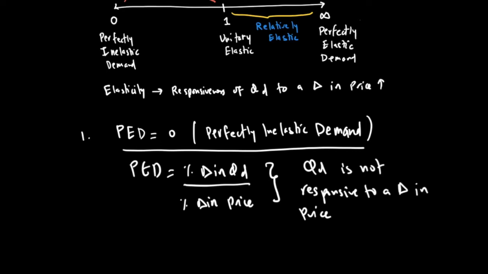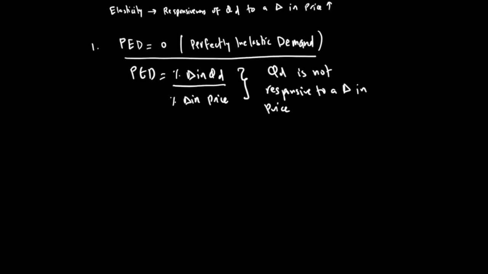What could possibly be the reason for this, and what kind of product will have such kind of a demand where even on a change in price, consumers are not at all responding, there is no change in quantity demanded? Well, we say that life-saving drugs could be an example of such a good where even though I'm changing price, consumers, because they need that good, are willing to pay any price for that good.